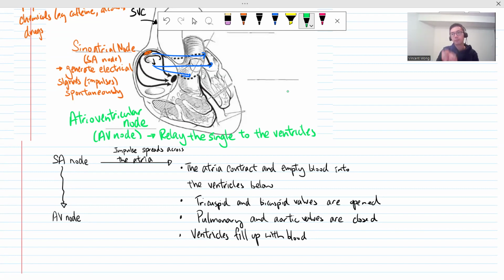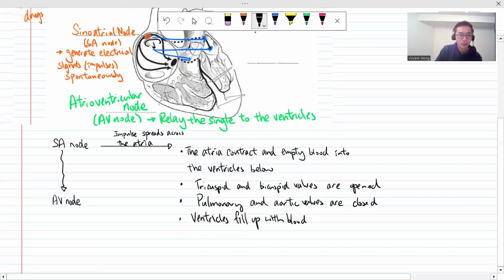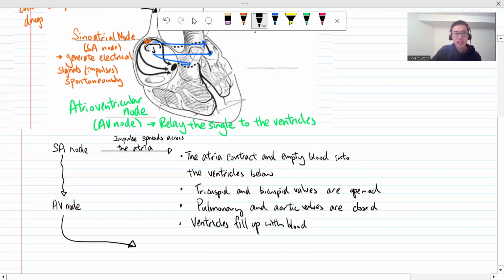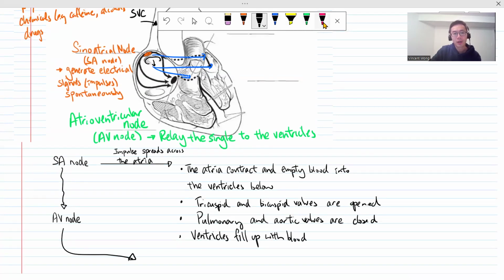Then the AV node boosts it a little bit and passes it on. Think of the AV node as like a Wi-Fi extender. It increases the coverage, essentially. So once the impulse gets to the AV node, the AV node will then pass it on to the next thing. To keep things simple, there are extra names for all this, but it's already complicated enough, okay?